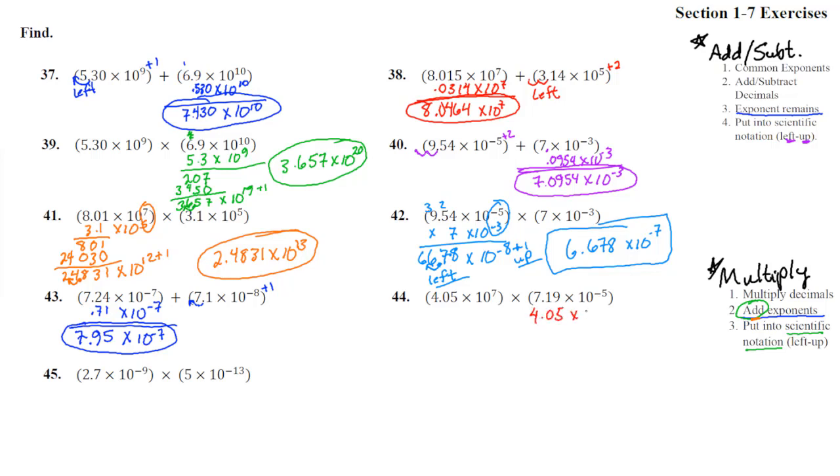4.05 times 10 to the 7th. And we're timesing here. We don't need common exponents here. We're just going to multiply these decimals, but it is 3-digit times 3-digit. That takes a little while. So let's go ahead. 5 times 9 is 45. Carry the 4. 5 times 1 is 5, plus 4 is a 9. 5 times 7 is 35.